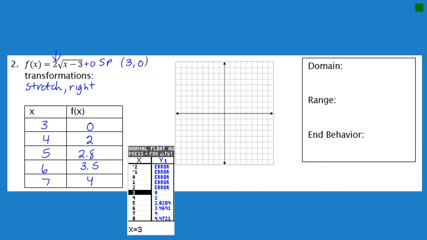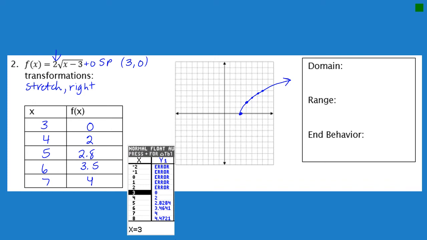So now I'm going to plot these points: 5, 2.8, 6, 3.5, and 7, 4. You'll notice that now instead of starting at 0, 0, it started 3 to the right. Also it looks like it got stretched up, like it's taller now than it was before. Usually it's a little more flat than this.